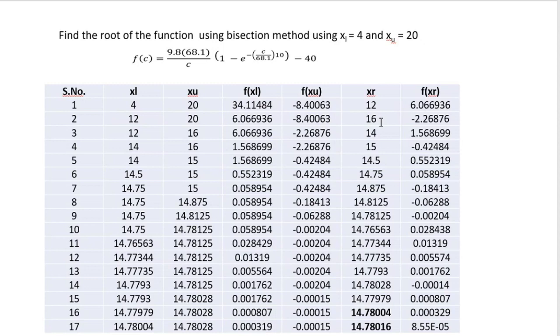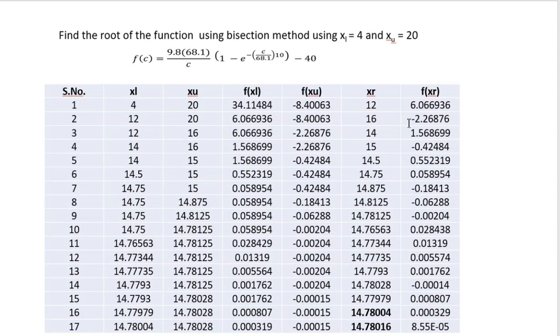Again we do the same calculation, that is halving the range. We find the midpoint of the range 12 to 20. So XR again will be (XL plus XU) upon 2. This time it is 12 plus 20 upon 2, that is 32 upon 2, which comes equal to 16. So for the second iteration, the XR value is 16. Then we find the function value at XR equal to 16.